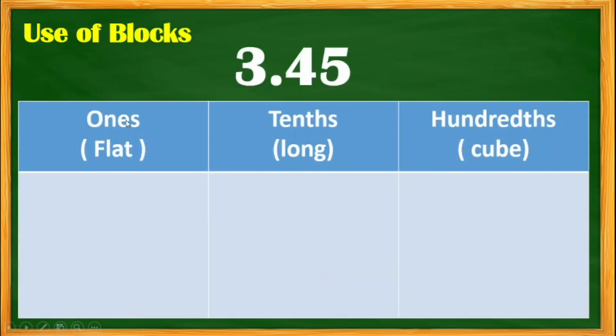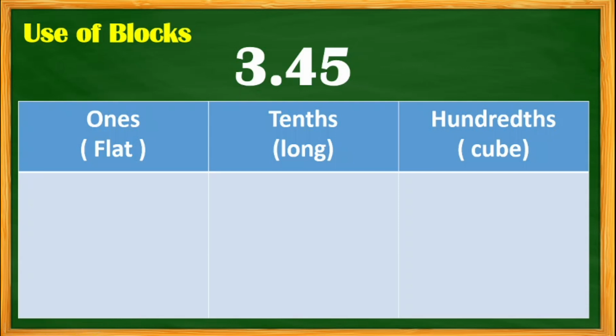So let's use this example, 3 and 45 hundredths. So let's use the table: ones, tens, and hundredths. So we have plots, longs, and cubes. In our example, we have a whole number in the ones.